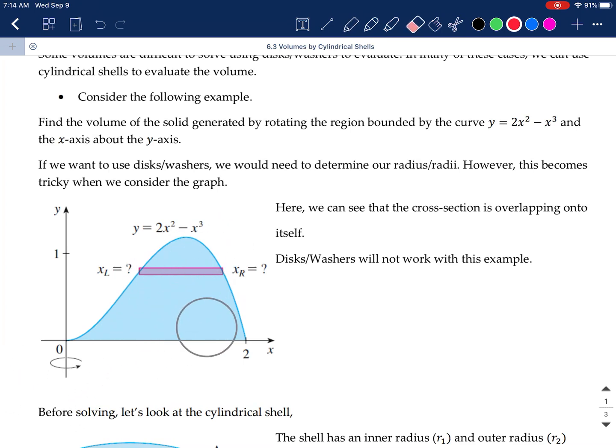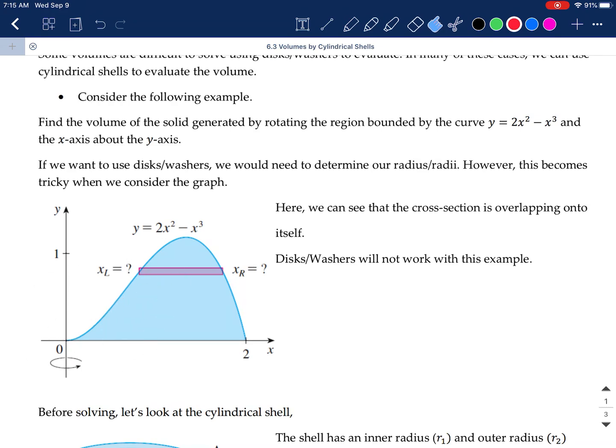So that's where cylindrical shells are going to come in. Note, with discs and washers, we're always perpendicular to our axis of revolution. For cylindrical shells, we are always going to be parallel to our axis of revolution.